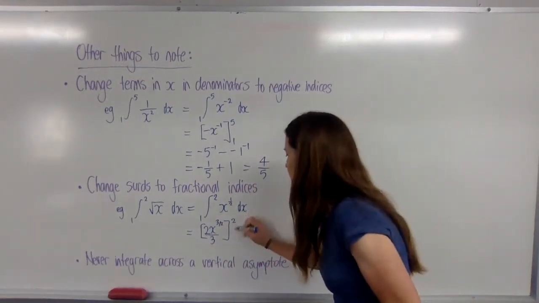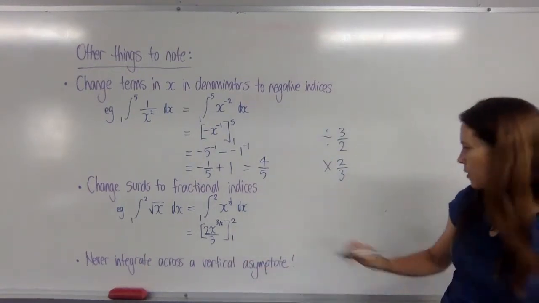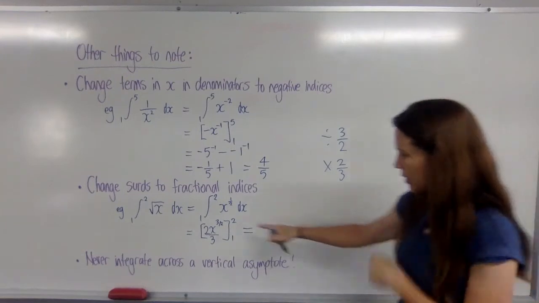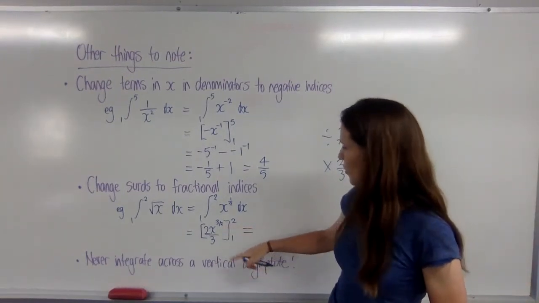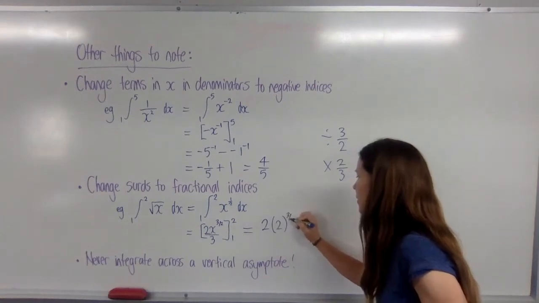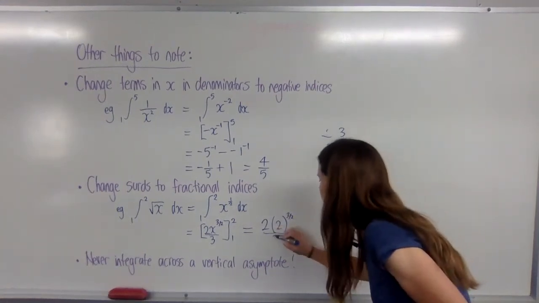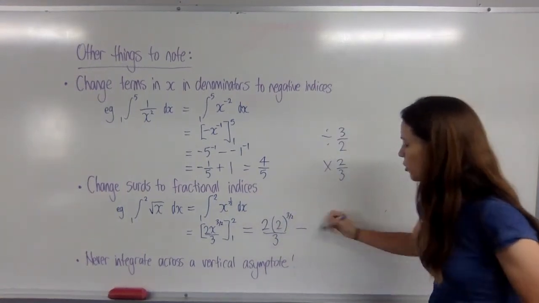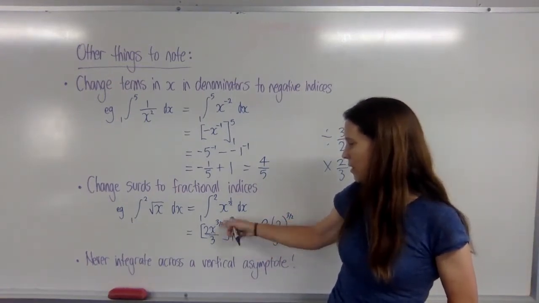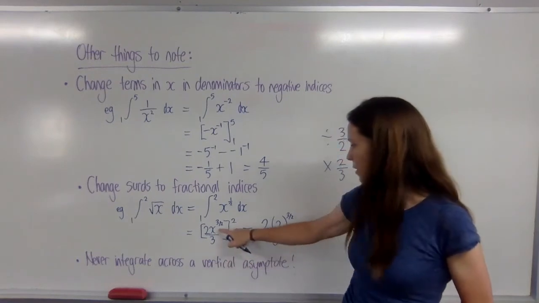Then I put in my bounds. Next step, I'll just continue across here. Normally I'd go down, but I'm running out of space. Sub in the 2. So we have 2 lots of 2 to the power of 3 on 2 over 3. And then we need to subtract the subbing in of when we sub in 1. Now 1 to the power of anything is going to be 1.